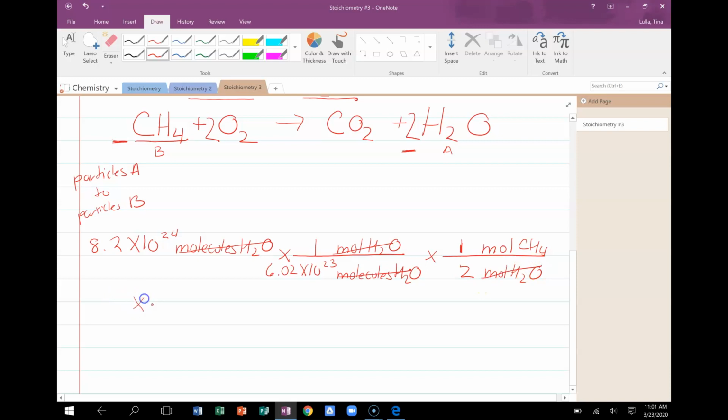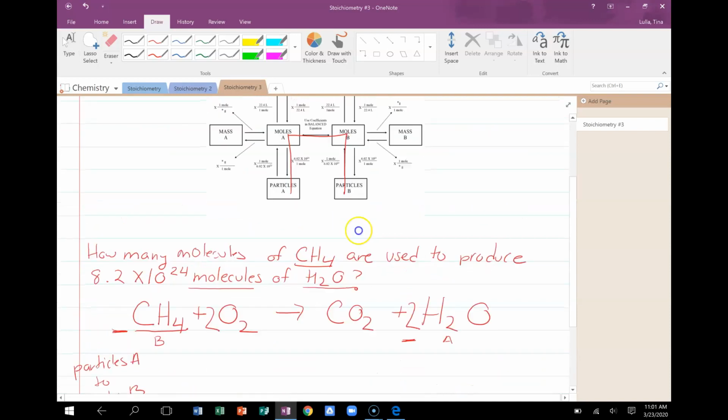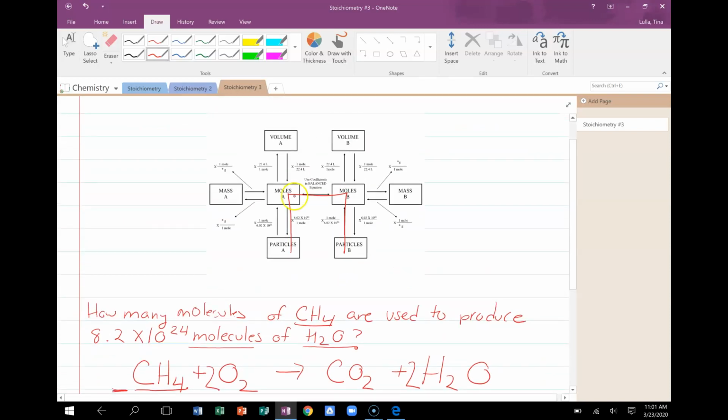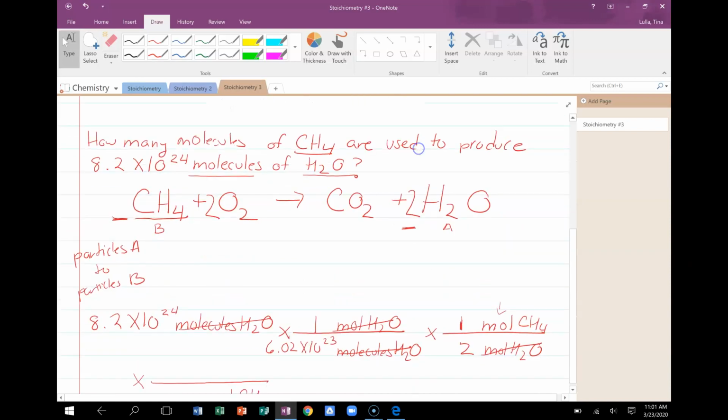Now I'm right here. One more step. I've just run out of space, so I'm just going to the next line. If I have moles CH4 up here, I need moles CH4 down here. And this time, let me see where I'm at. I did moles A to moles B, so now I'm doing my moles B to particles B step right there.